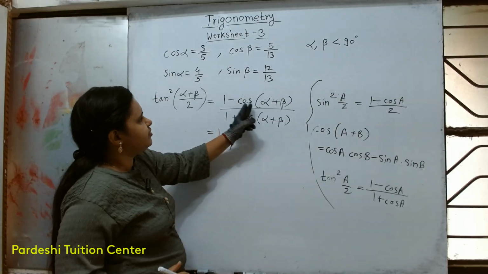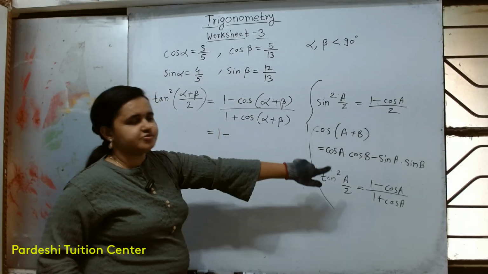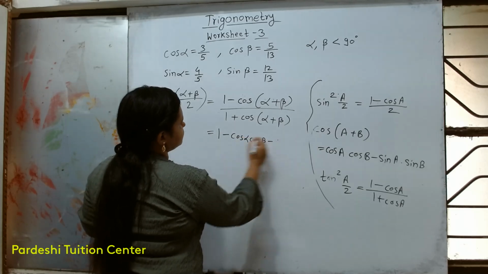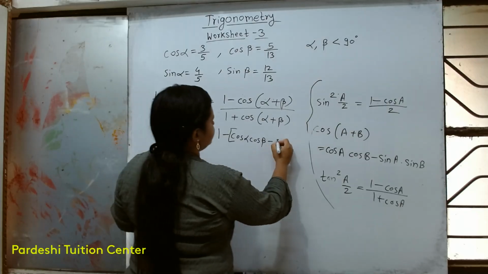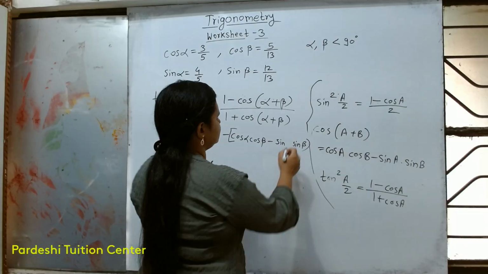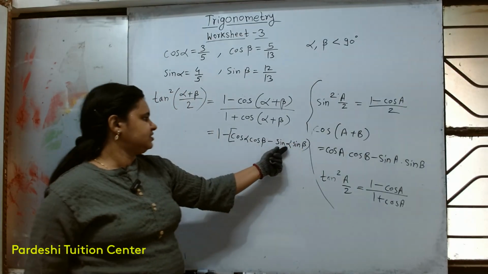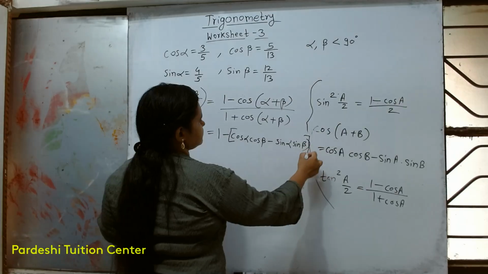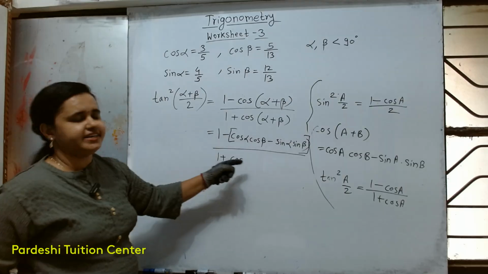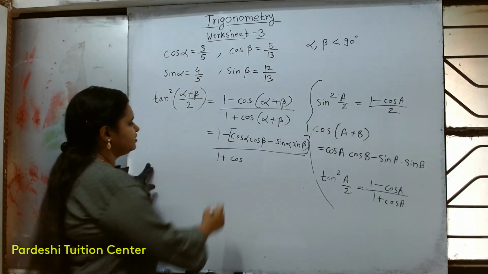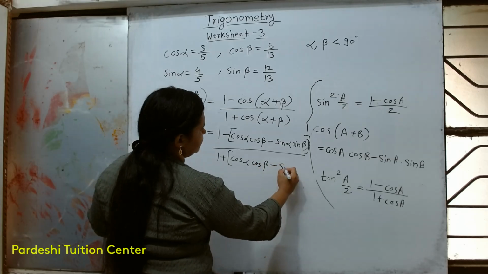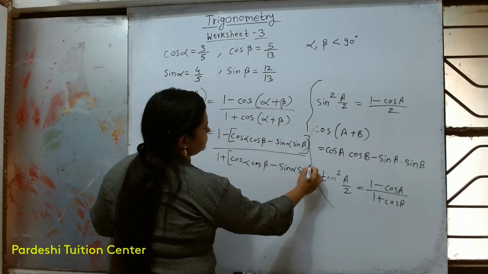So it will be again cos of (A plus B), so cos A cos B minus sin A sin B. So it will be 1 minus, in bracket, cos alpha cos beta minus sin alpha sin beta, upon 1 plus, now no need to put a bracket here because here it is plus, cos alpha cos beta minus sin alpha sin beta.